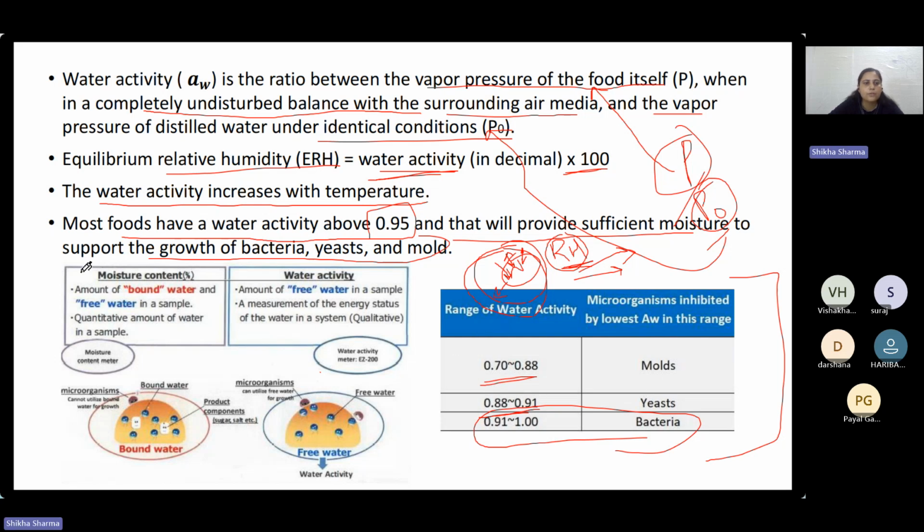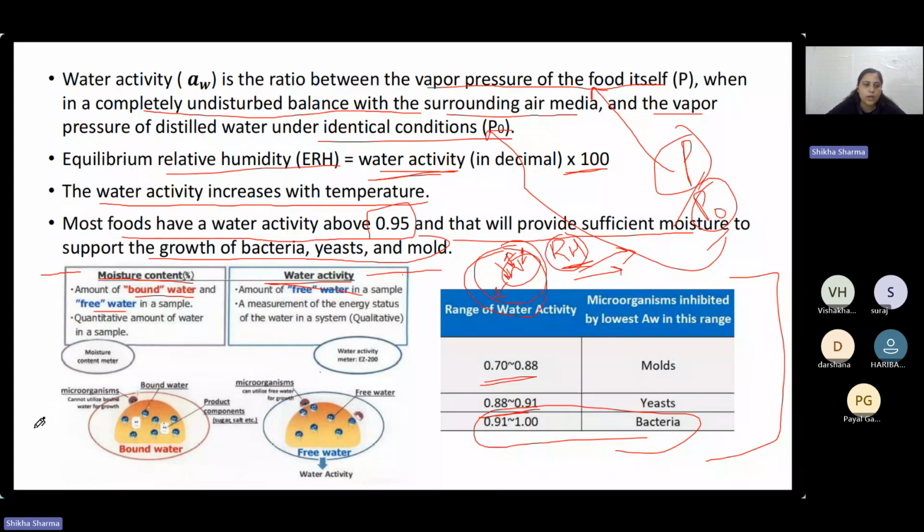Here is the difference given between the moisture content in a food product and the water activity. Many of the students get confused that when we are doing drying calculations we use the term moisture content, and whenever we are discussing microorganisms, we use the term water activity. Moisture content is basically bound water plus free water. As we know, there are different kinds of water in a food product.